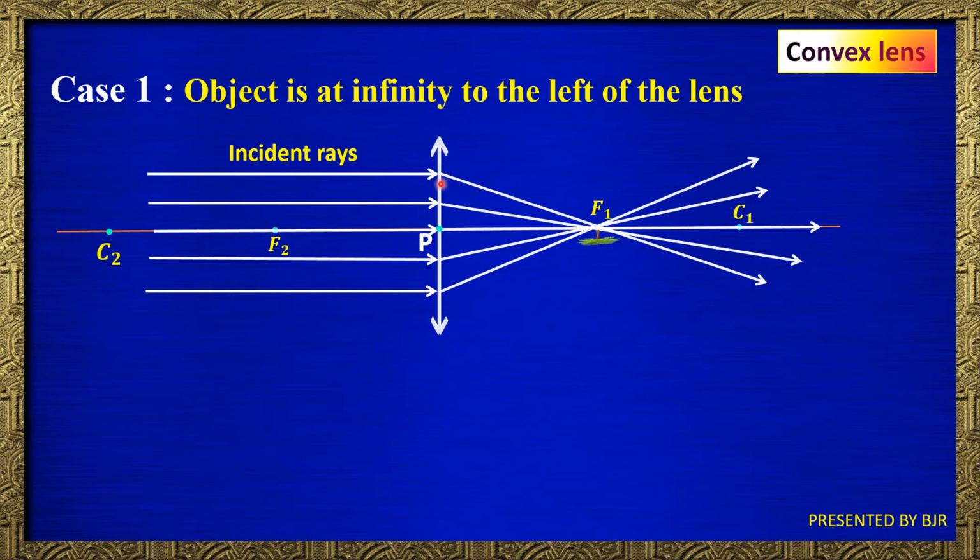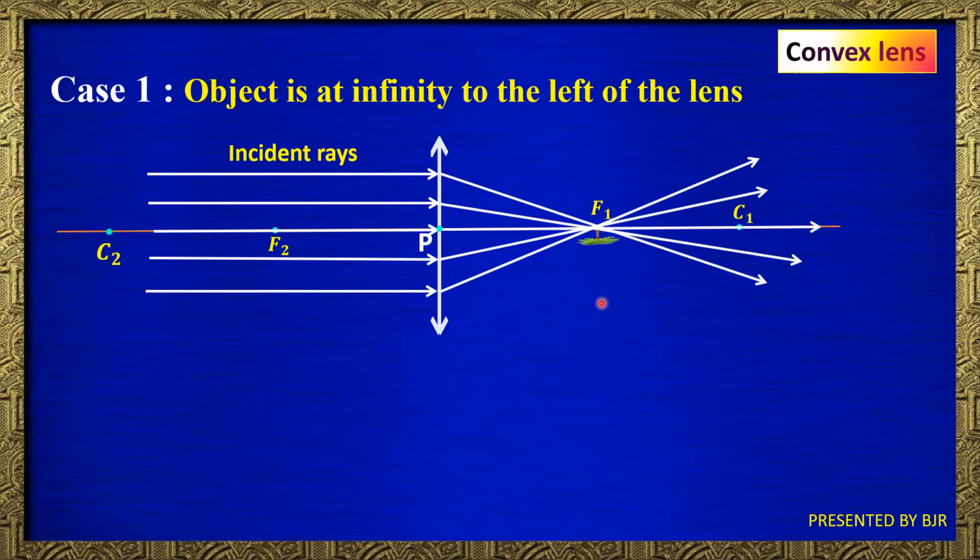Suppose this lens is pointed towards a distant tree, its image will be formed here at the focal point. So when the object is at infinity, its image will be formed on the other side of the lens at the focal point here.